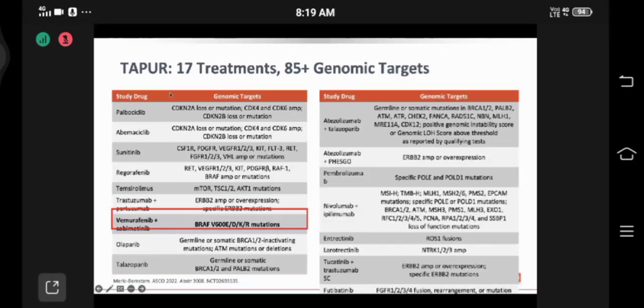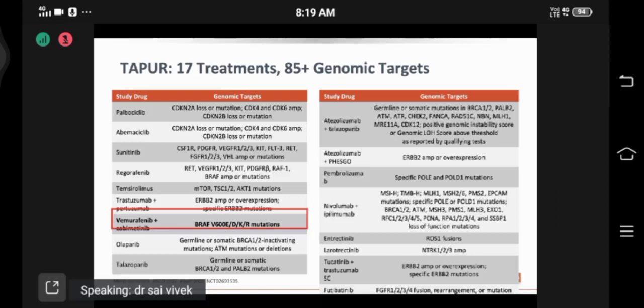These are the trials that are being designed as of 2023. So 17 treatments which are being given for 85 plus genomic targets. So it doesn't matter what the patient has, which cancer the patient has, the patient just needs to have a comprehensive genomic profiling report, and they're being enrolled into the TAPUR study, which is going on currently.